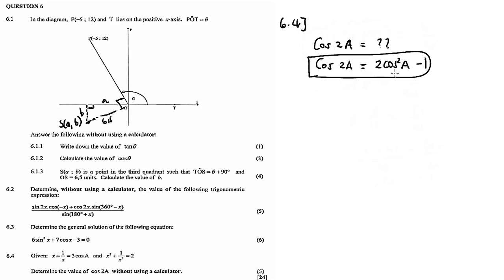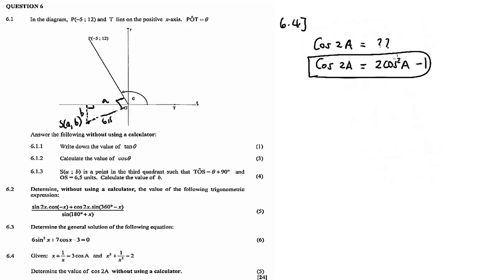So I'm thinking I'm given an equation that includes cos a, and I want the value of cos 2a. So I think they are asking in terms of the value. Okay, let's do it.